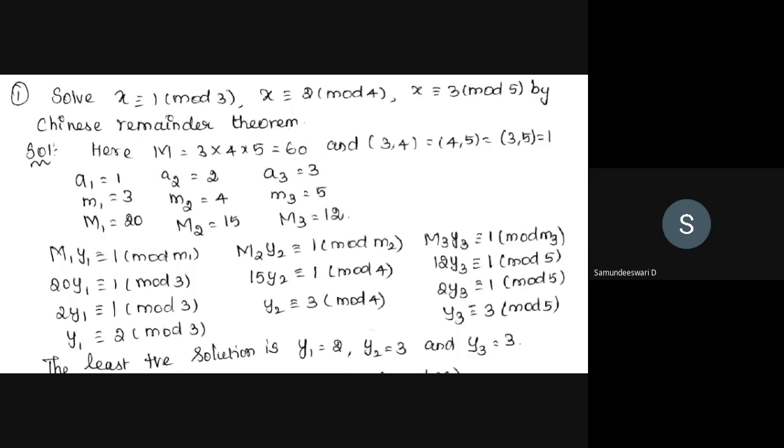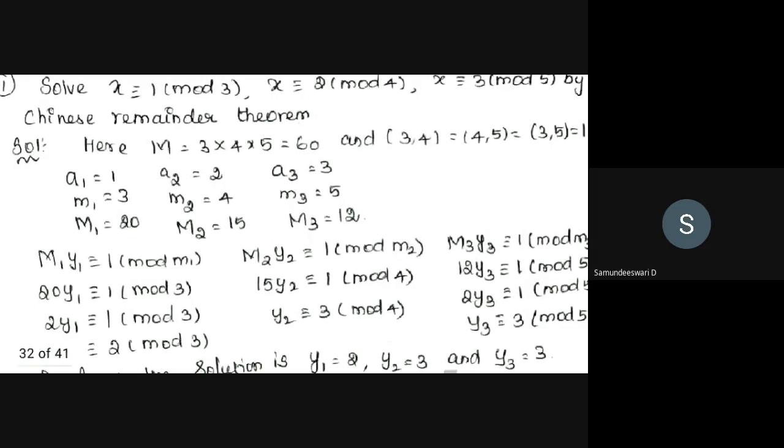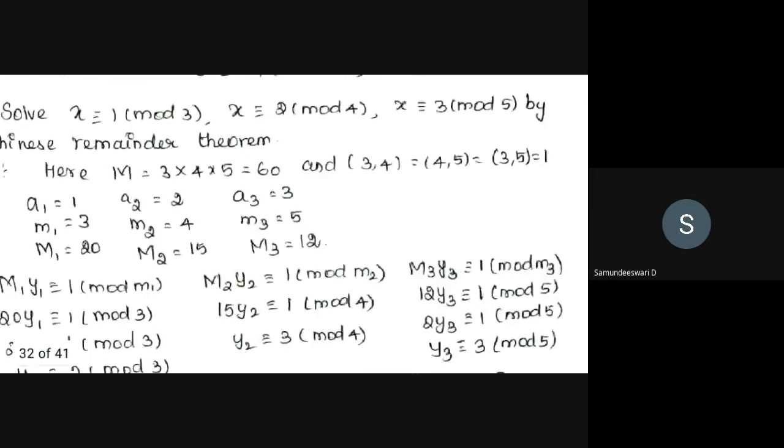Then in the last linear congruence, the mod value 5 is small m3. So small m1 into small m2 into small m3 gives capital M. So capital M is the product of the given mod values: 3 into 4 into 5, that is 60. So capital M is equal to 60.